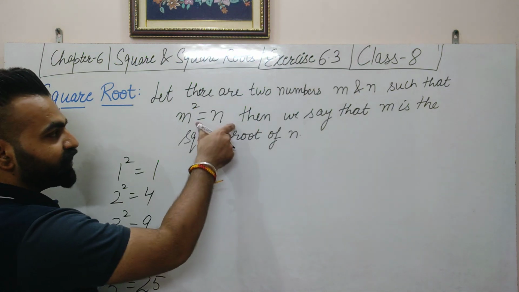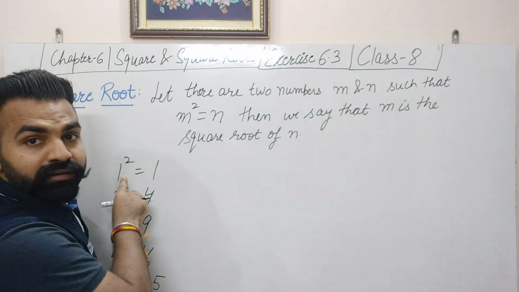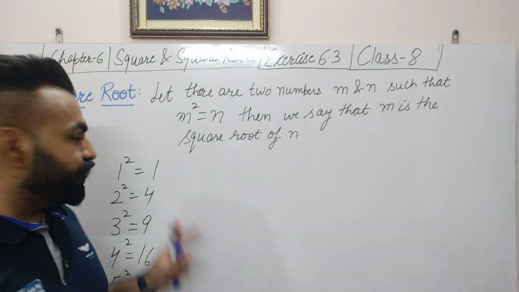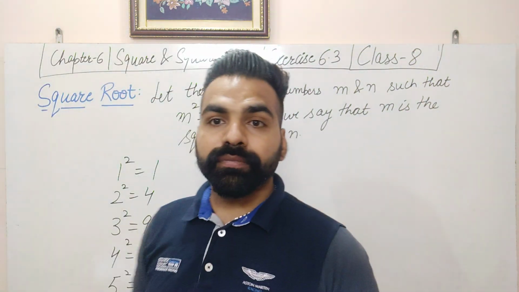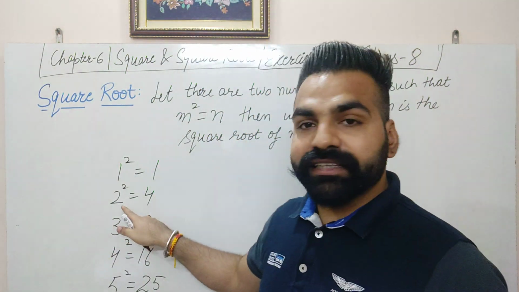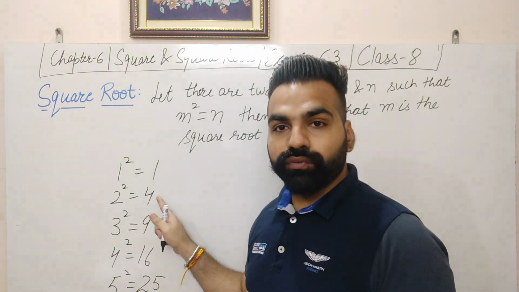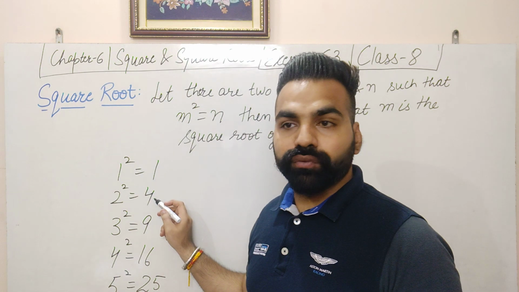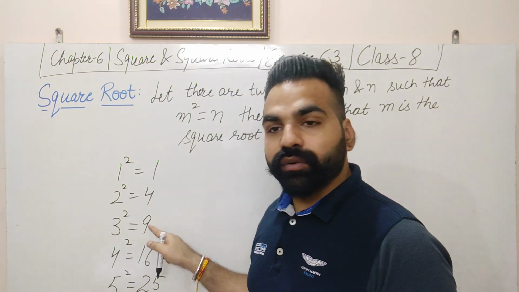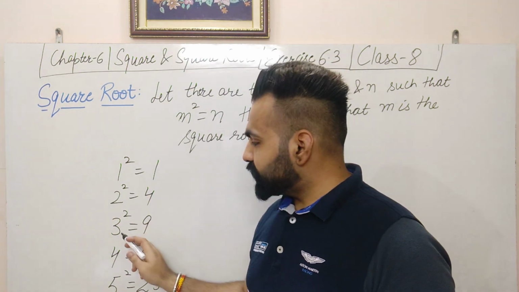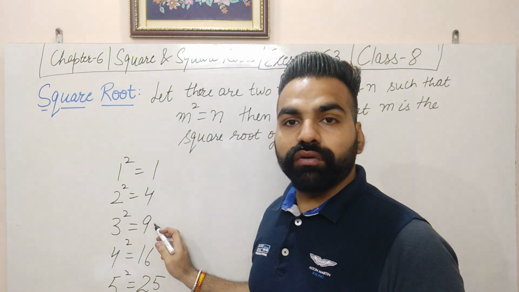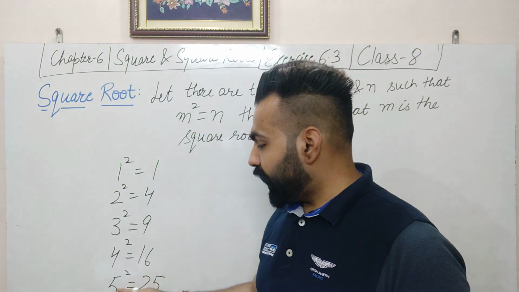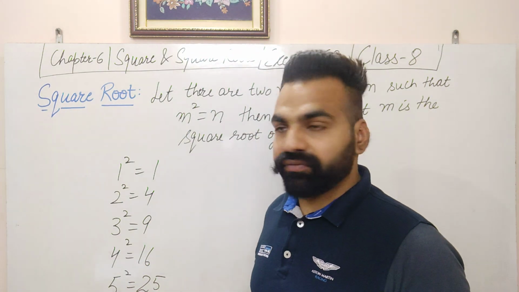So by definition here m will be 1 and n is also 1. So we can say that 1 is the square root of 1. Here we can see that 2 square is equal to 4, so we can say that 2 is the square root of 4. Here 3 square is equal to 9, so we can say that 3 is the square root of 9. Similarly 4 is the square root of 16 and 5 is the square root of 25.